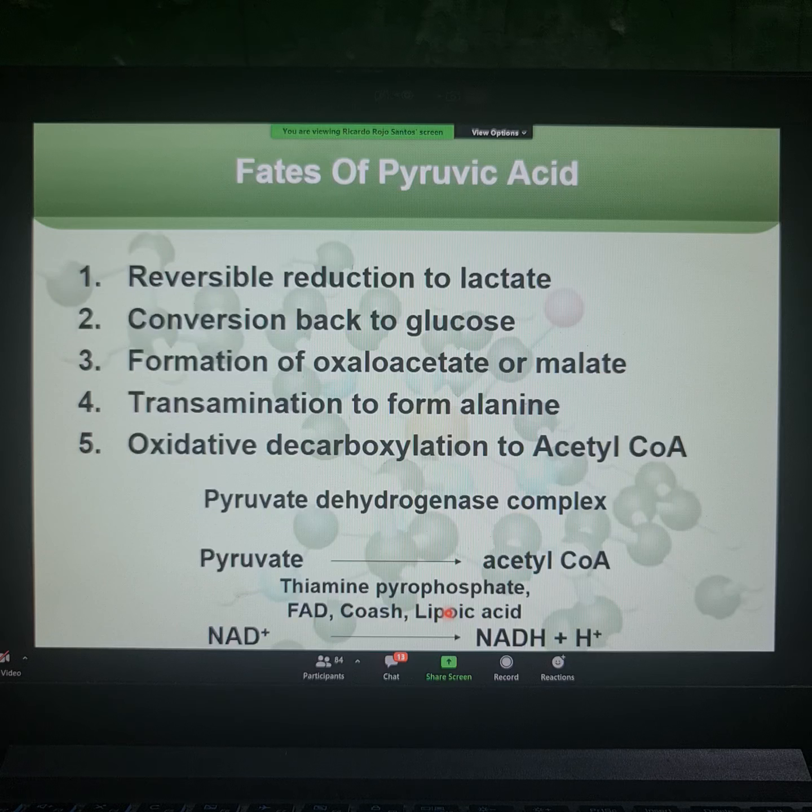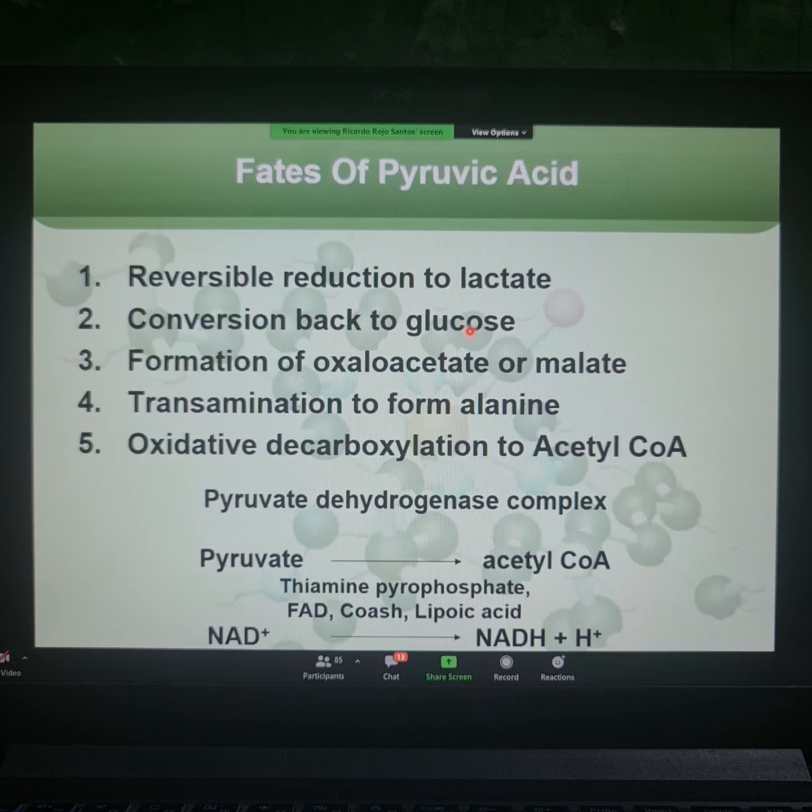Oh, I'll start it. Fate of pyruvic acid: reversible reduction to lactate, catalyzed by lactate dehydrogenase. Okay? So, how do you convert lactate to pyruvate? Through an oxidation reaction. Lactate becomes oxidized to pyruvate, catalyzed by lactate dehydrogenase using NAD as a coenzyme.